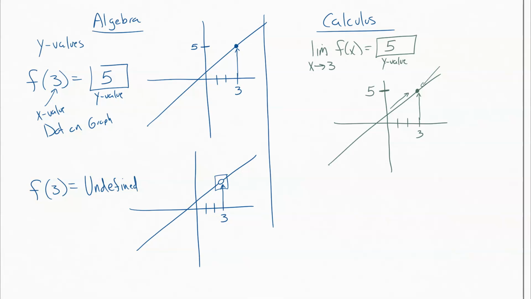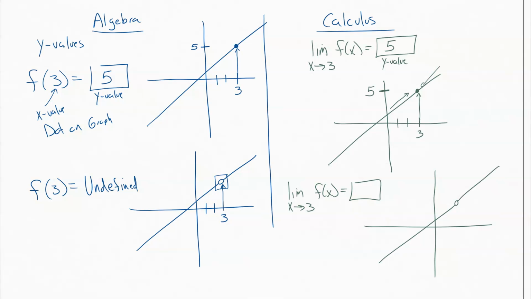What makes limits really kind of cool again is that they actually don't care if there's a dot there or not. So if I'm asking you the same exact question and we're looking at a graph that looks like this second graph here, so we come through and we've got this open circle sitting right there, and again we'd say, okay, well, at x equals 3, what does it look like I'm headed towards?